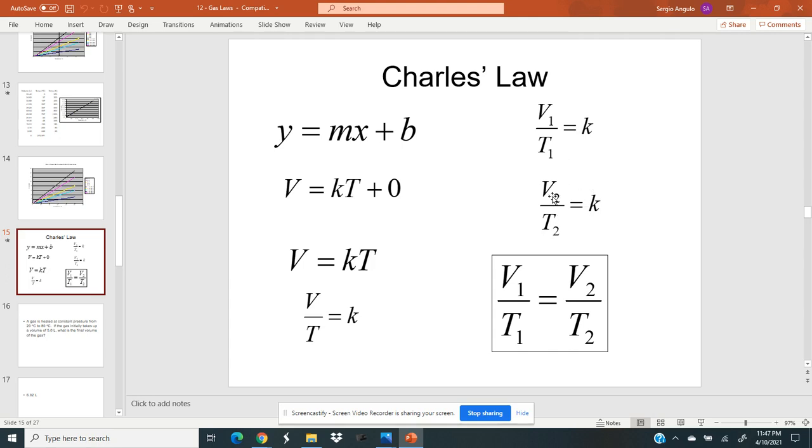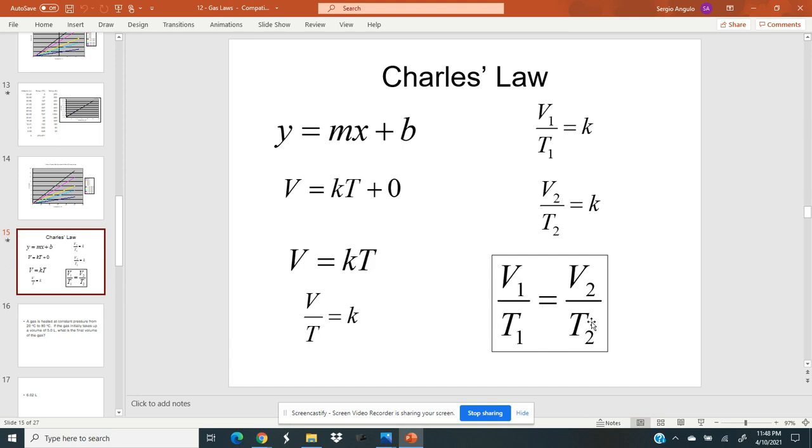Change the temperature, the volume has to change, so the proportion is the same. And since V1 over T1 is equal to K, and V2 over T2 is also equal to K, they're equal to each other. So we come up with this form of Charles' law, which is actually a usable one: V1 divided by T1 is equal to V2 divided by T2. Okay.